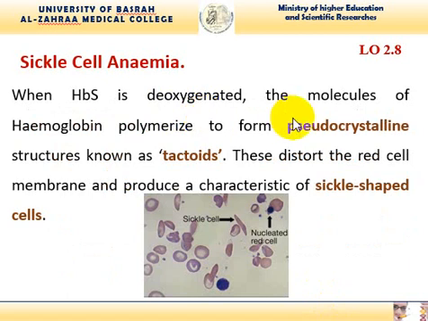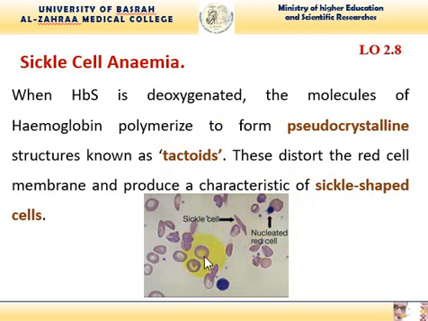The hemoglobin molecules polymerize, forming pseudocrystalline structures known as tactoids. Tactoids distort the red cell membrane and produce the characteristic sickle-shaped cell.